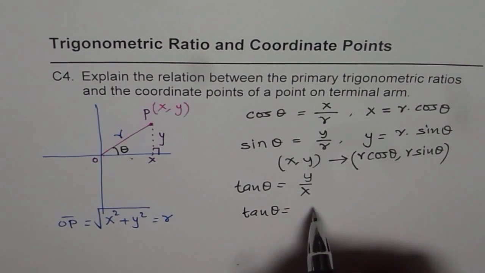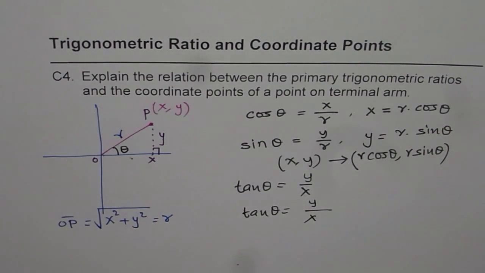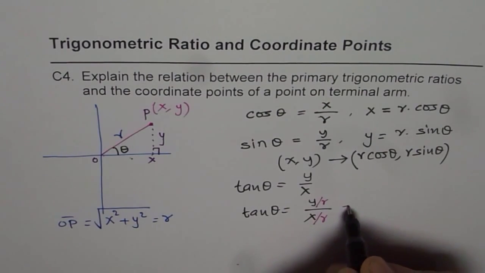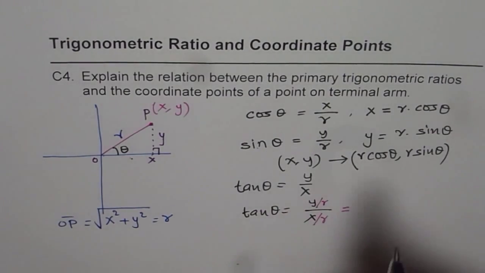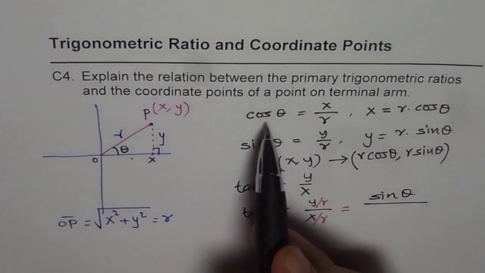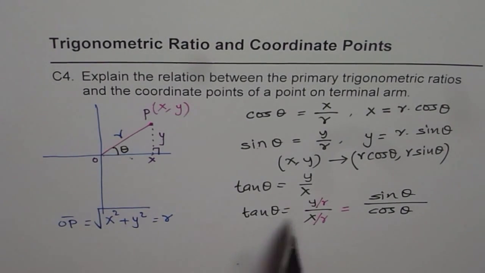We found this is y over x, correct? Now if I divide y over r and x over r, what do I get? Y over r is sine theta, right? So we get sine theta, and x over r is cosine theta. So tan theta is also equal to the ratio of sine theta and cosine theta.